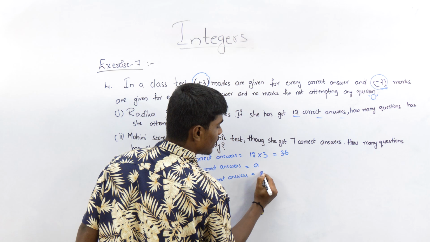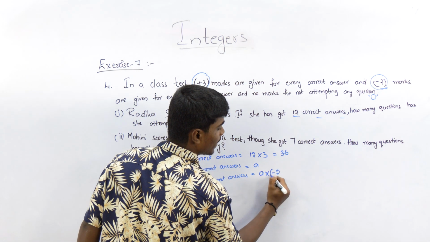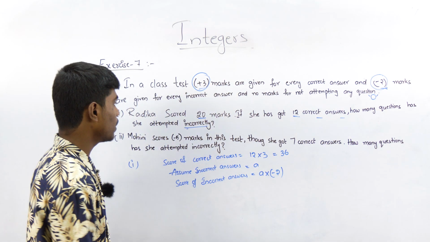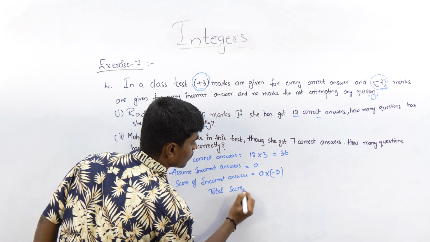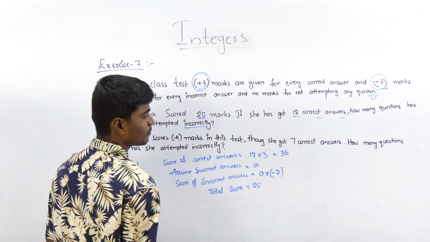For A it is A into -2. Okay, now she got 20 marks. Total score is equal to 20 marks.